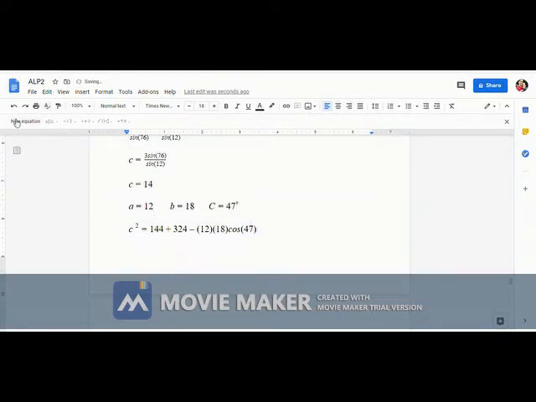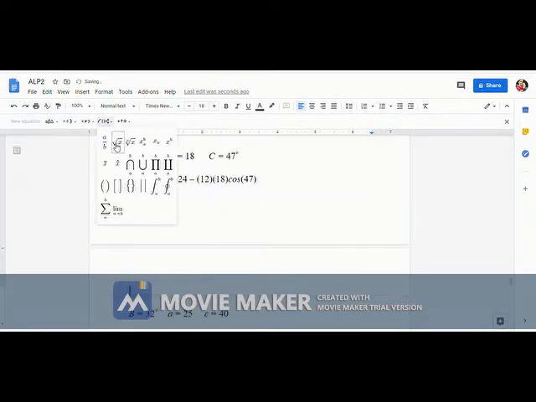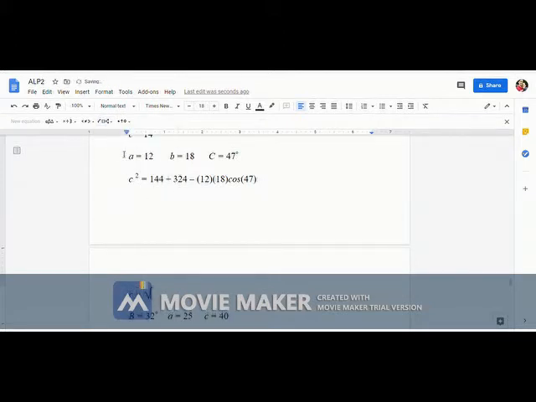And we'll go ahead and take the square root of both sides, and we get the square root of 468 minus 432 times cosine of that angle.